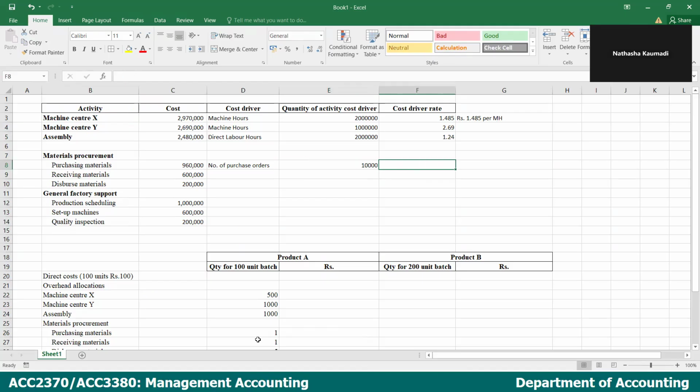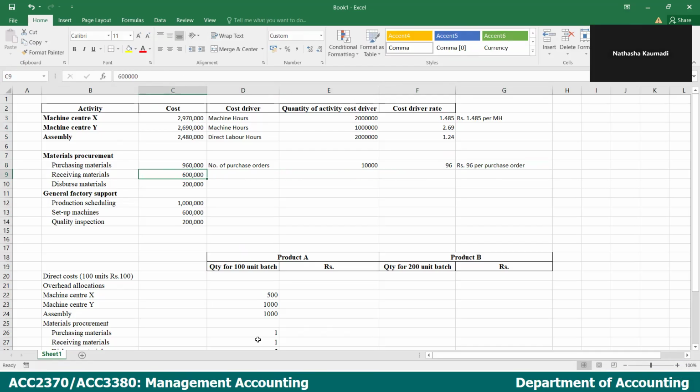Now, if the cost of purchasing material is 960,000, and there are expected 10,000 purchase orders, if you divide 960,000 by 10,000, you have 96 rupees. How do you interpret this? Rupees 96 per purchase order. Remember, the interpretation is very important. Otherwise, you can't calculate the unit cost.